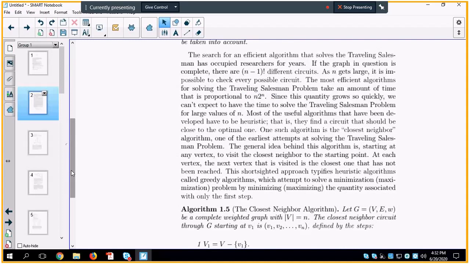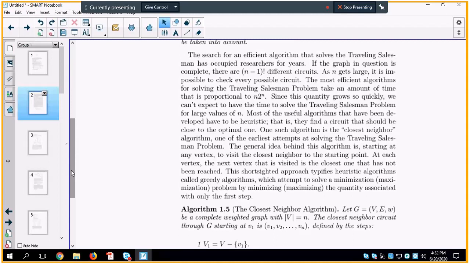The search for an efficient algorithm that solves the traveling salesman problem has occupied researchers for years, and the problem is still not totally solved. If the graph in question is complete, then there would be (n-1)! different circuits. So as n gets large, it's not reasonably possible to check every circuit.